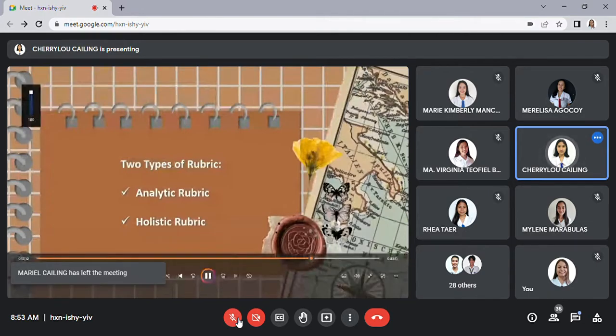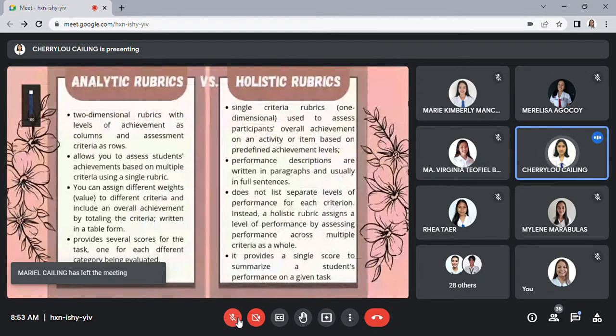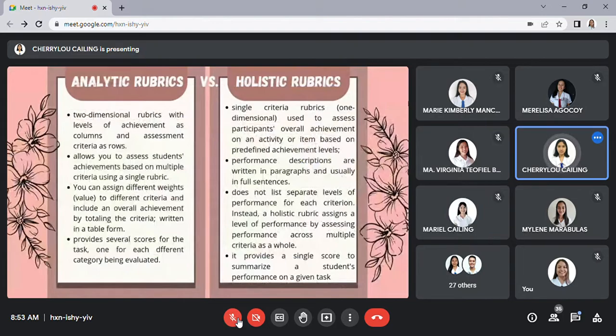If we compare or differentiate analytic rubrics versus holistic rubrics, analytic rubrics are two-dimensional, with levels of achievement as columns and assessment criteria as rows, while holistic rubrics have a single criteria, one-dimensional, which is used to assess participants' overall achievement on an activity or item based on predefined achievement levels.